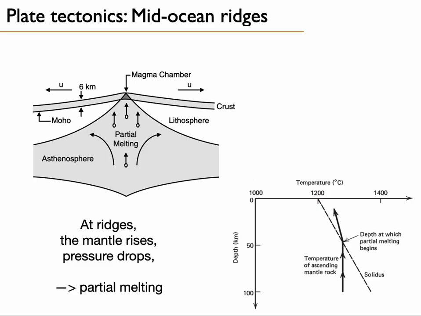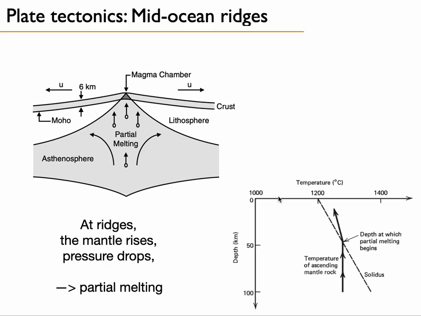Let's zoom a little bit on the mid-ocean ridge. Here you see a sketch of the ridge. You have the crust here. There is a bathymetry which is associated with the upwelling of the mantle. But as the mantle rises to the surface, it will undergo decompression melting, because the pressure drops.